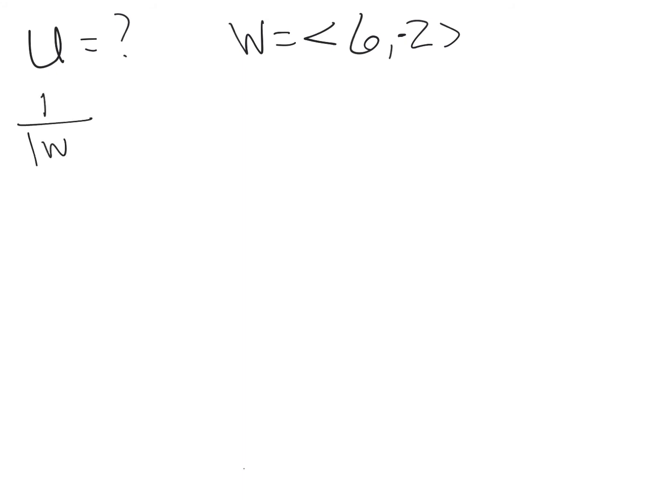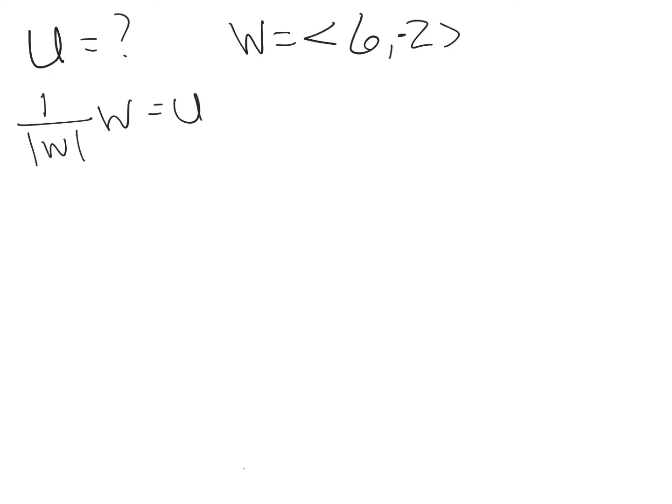Okay, so let's do a second example just so you guys have some practice before you go into homework. We want to find a unit vector u if w is equivalent to the vector 6 comma -2. Following the path, the easier one is saying 1 over the magnitude of w times w is going to give us that u vector.